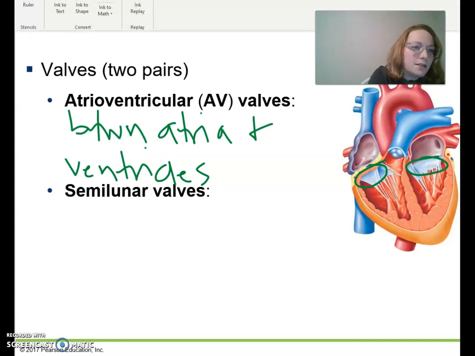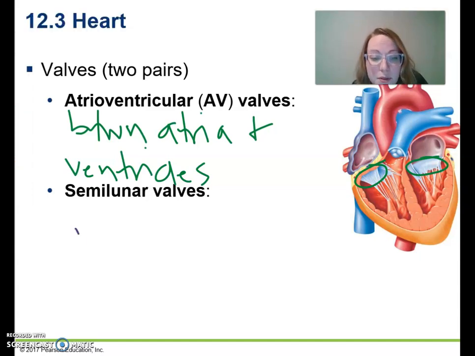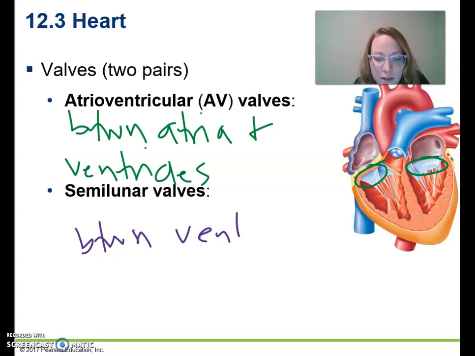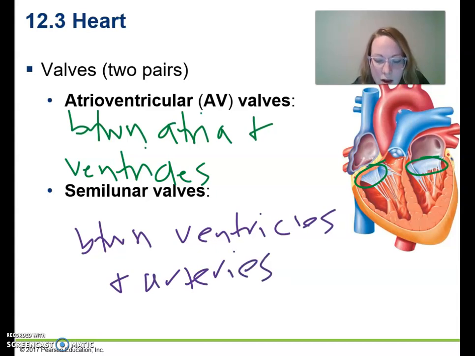And then the semilunar valves are going to be between the ventricles and the arteries leading away from them. So there's one, and the other is back here. So blood will leave that ventricle, this one, going through those valves.